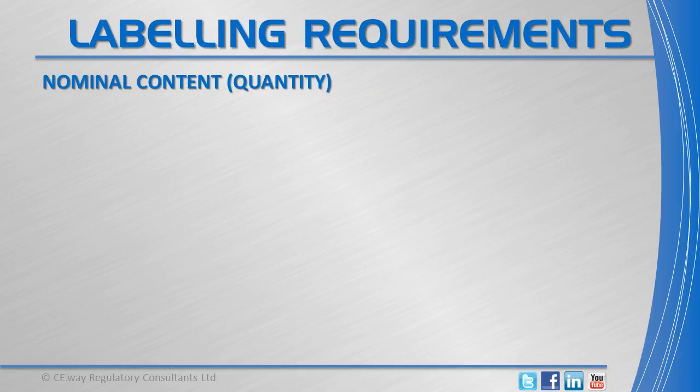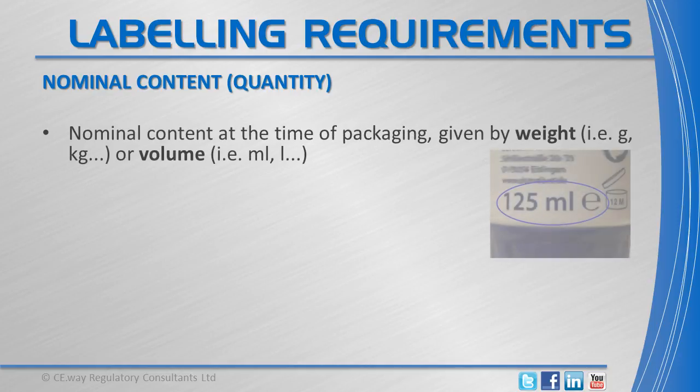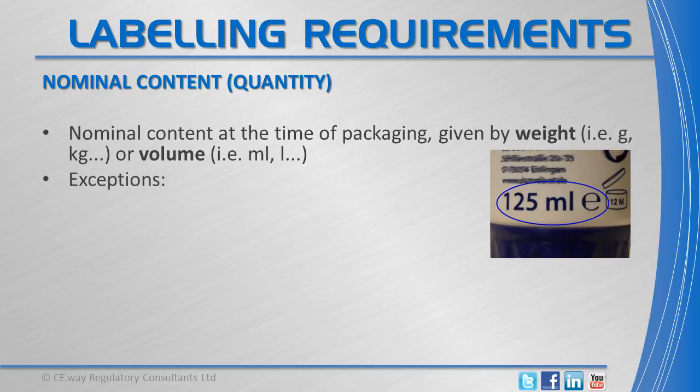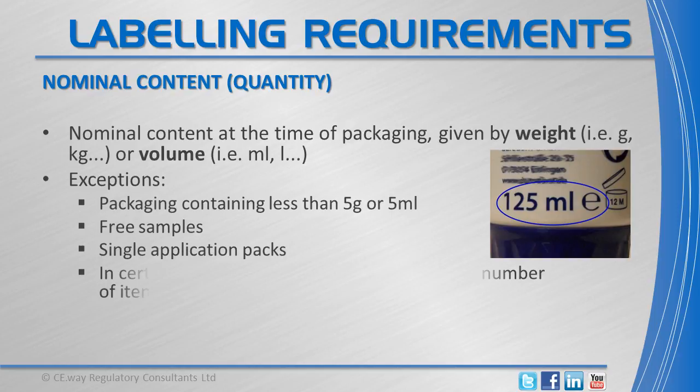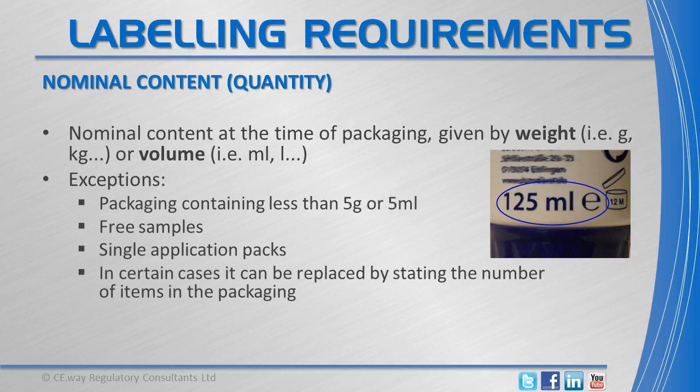Next is the nominal content or the quantity of cosmetic product. Nominal content at the time of packaging has to be given by weight, for example, in grams, kilograms, etc., or by volume, for example, in milliliters, liters, etc. There are a few exceptions, for which listing the nominal content is not obligatory. These are packagings containing less than 5 grams or 5 milliliters, free samples and single application packs.